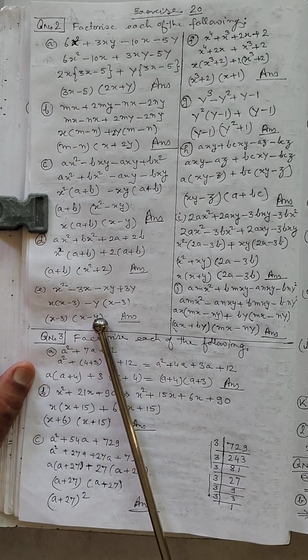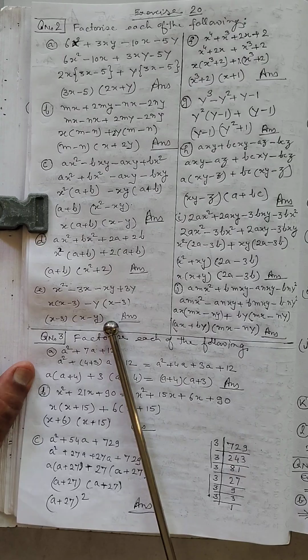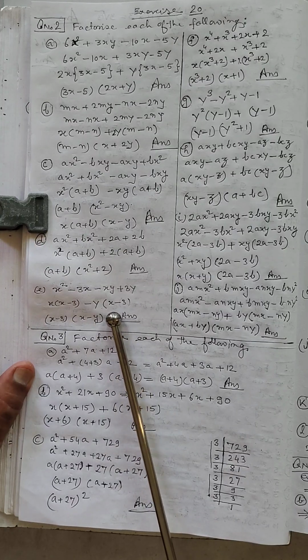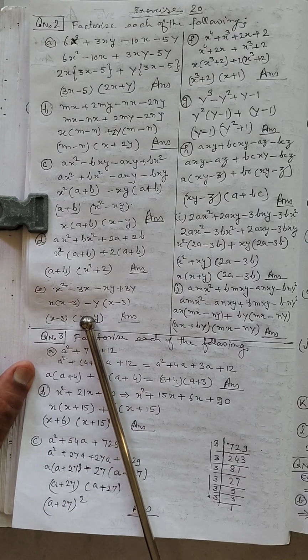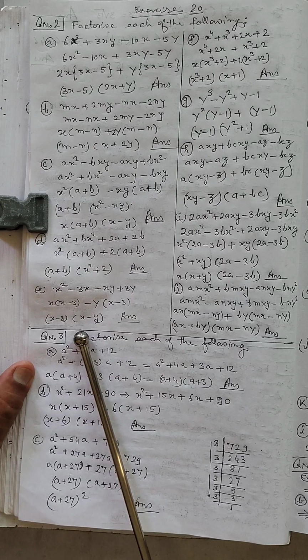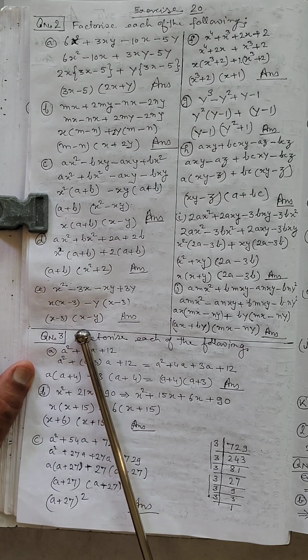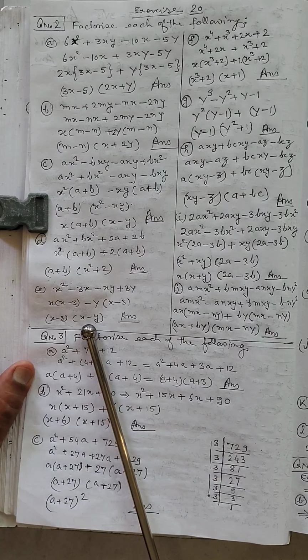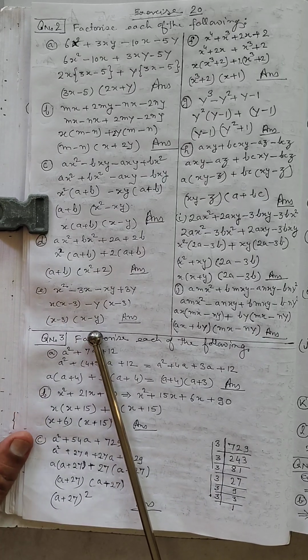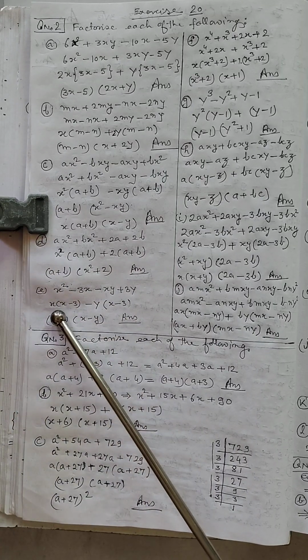Inside the bracket we are having x minus 3. So now we can take x minus 3 common, and we are having inside the second bracket x minus y, and this will be your required answer. Now here it is E part.